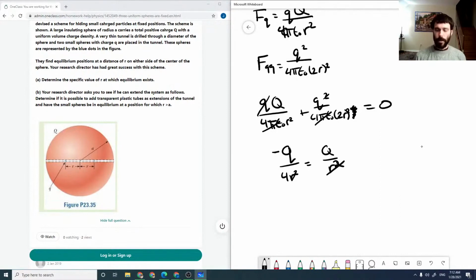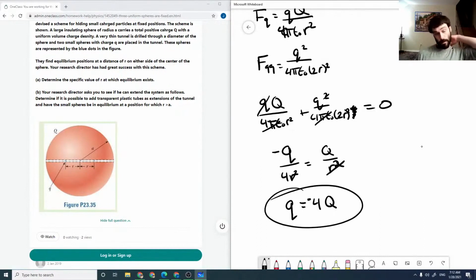Then the r squares will cancel, and that means there's an equilibrium at any r as long as q equals minus 4Q. So as long as our charge is minus 4 times the total charge, there's an equilibrium at any r. You can put the particles literally anywhere, but the charge in the tiny particles has to be 4 times that of the charge in the whole sphere.